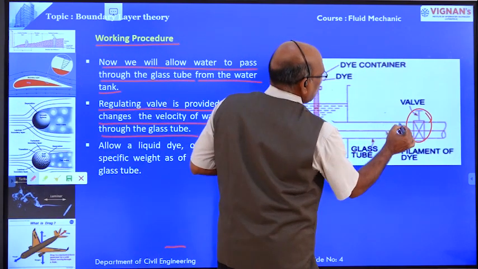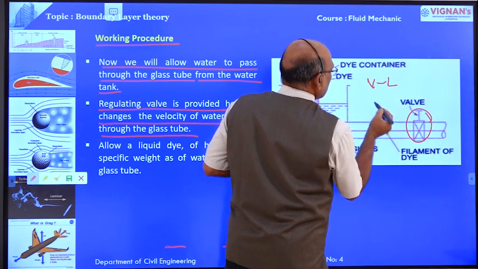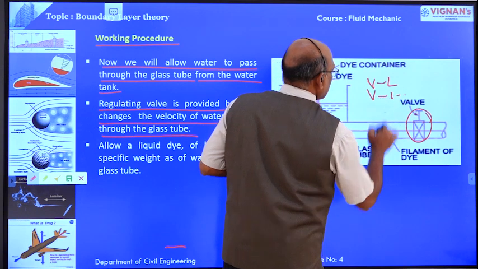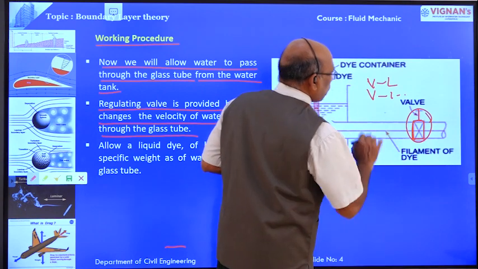With a small opening the velocity is low, and as the opening gradually increases, the velocity gradually increases. This valve regulates the velocity of flow from the tank.